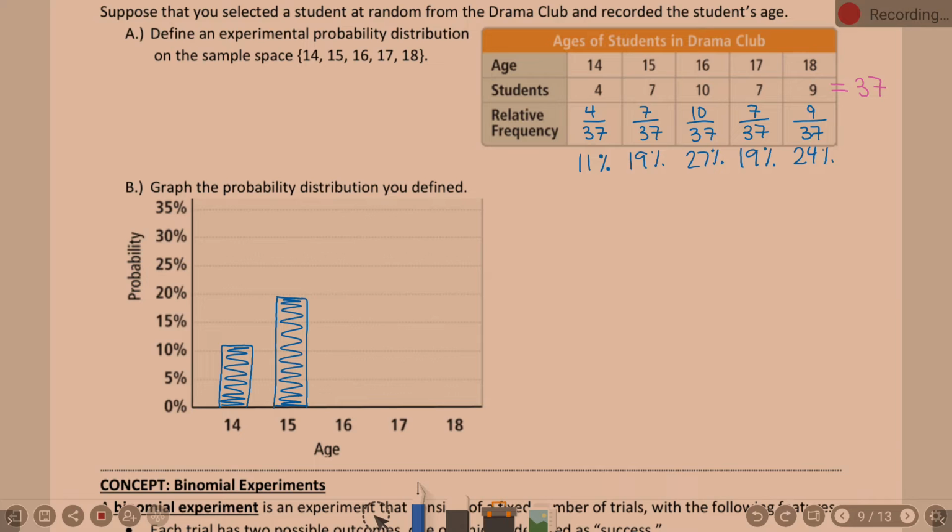Age 16 is 27%. Age 17 is 19% again. And age 18 is 24%.